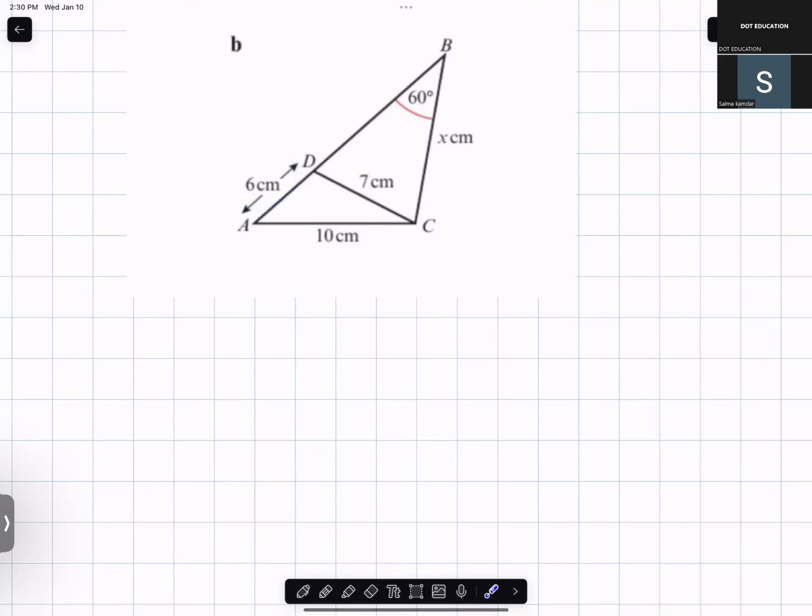I told you if you have three sides given to us, we apply our cosine rule. So using these three sides, what angle should we find to help us resolve our x centimeters?